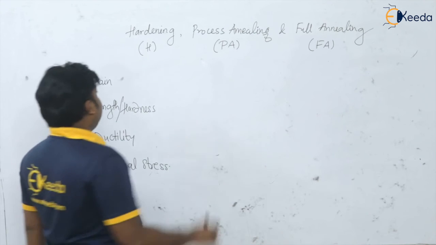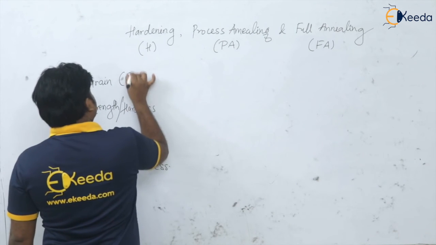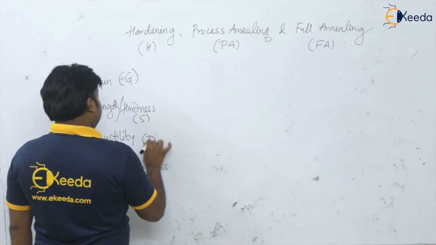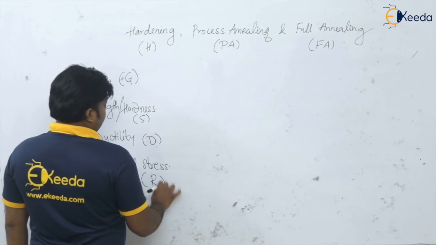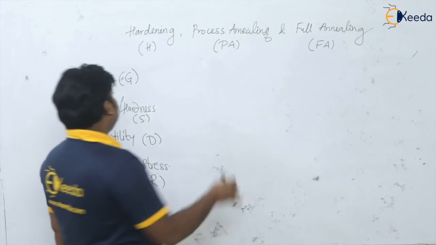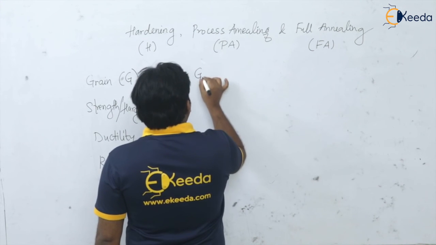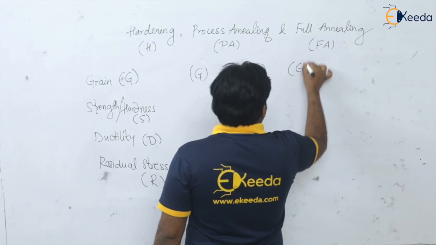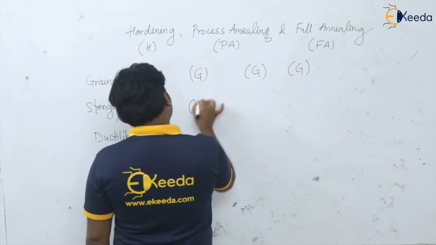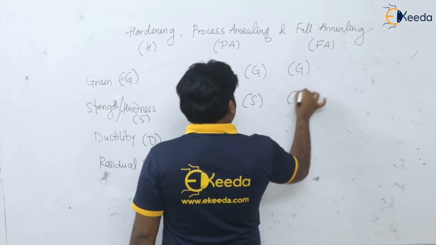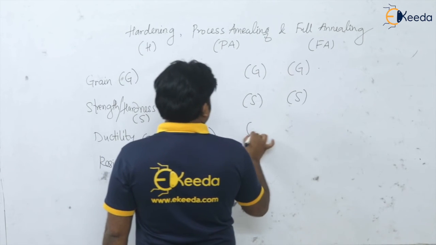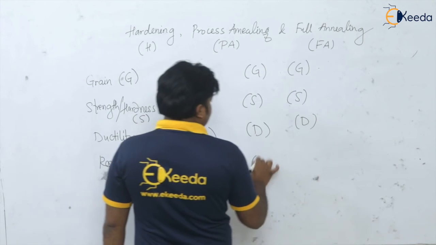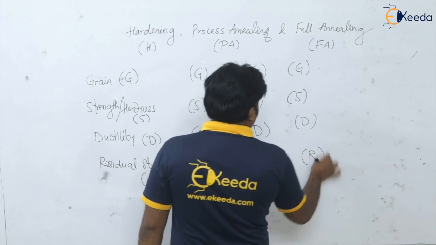Grain size will be represented by G, strength by S, ductility by D, and residual stresses by R. I will write the grains, the strength, the ductility, and finally the residual stresses here.